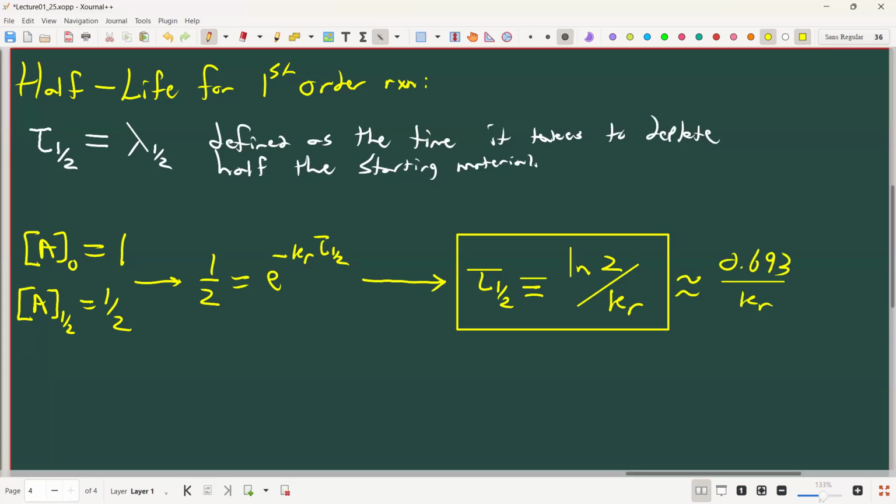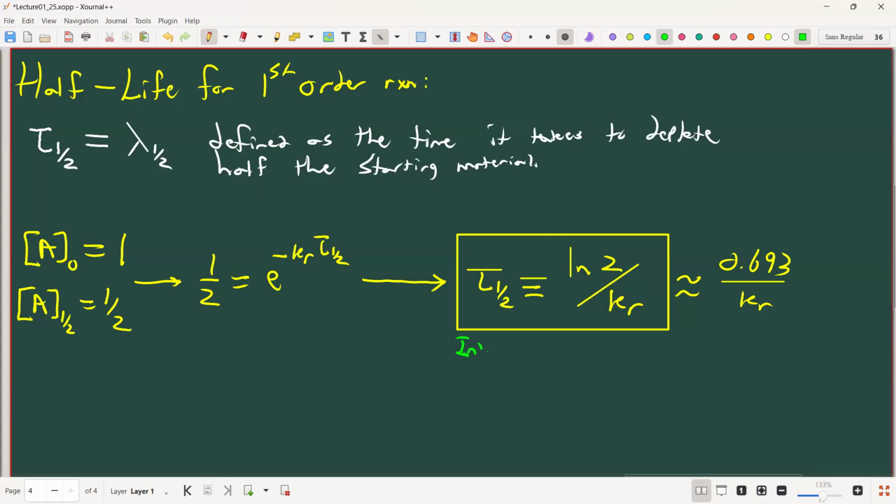What this means, again, is not very interesting. It's just a simple algebraic number. But when we look at a bimolecular reaction, where we have two things coming together, the half-life is quite a bit different. The most important thing to note here is that this half-life is completely independent of concentration. It's a fixed number. It's independent of conditions, except for temperature.